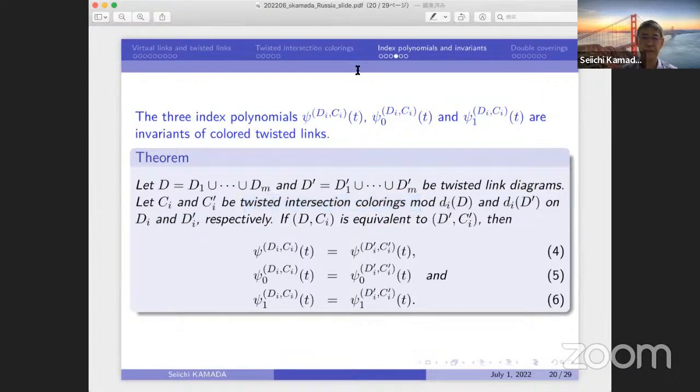And we can define the notion of colored twisted rings. In that case, these polynomials are invariant. But we want an invariant of twisted rings.